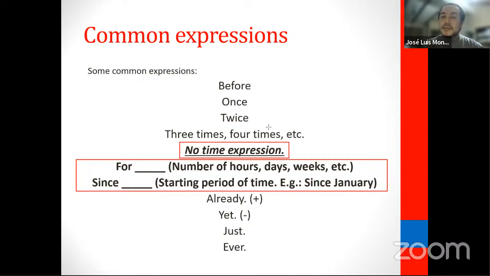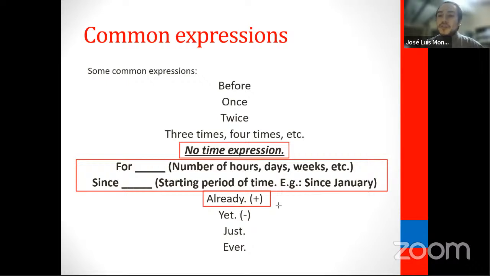And finally, you use already with affirmative sentences in the middle of your 2 words. I have already done my homework. Okay, I have already done my homework. When it's for sure that it happened and you are reinforcing that idea that it happened. Yet, it's something that hasn't happened yet, all right?